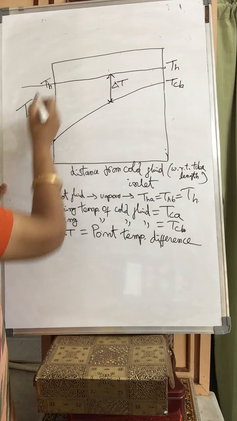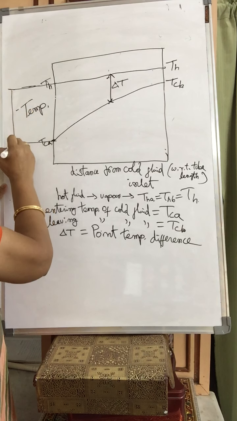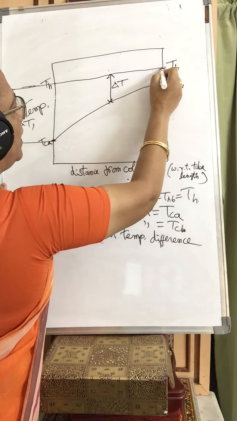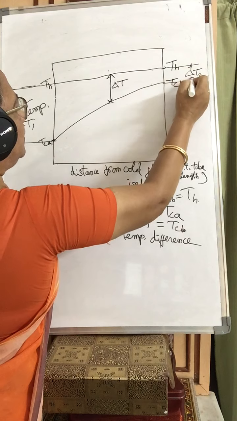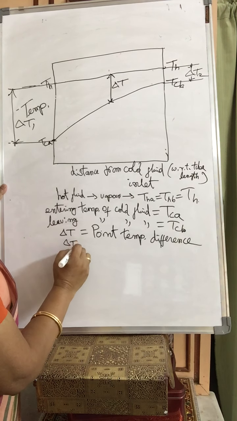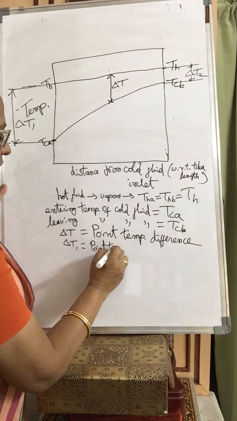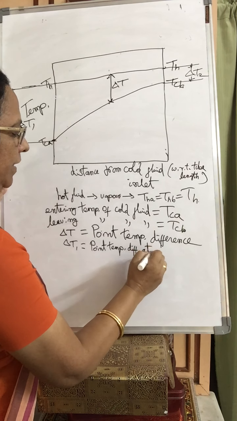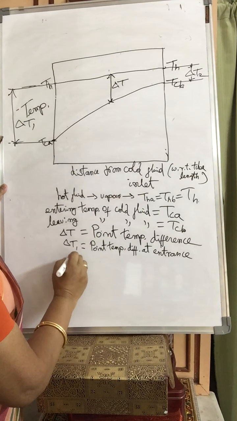Now at this entrance, this is called delta T1 and here this is delta T2. So what is delta T1? Delta T1 is the point temperature difference at entrance.